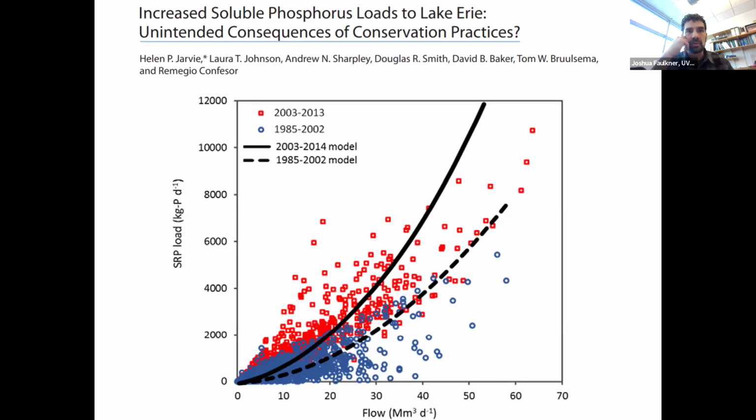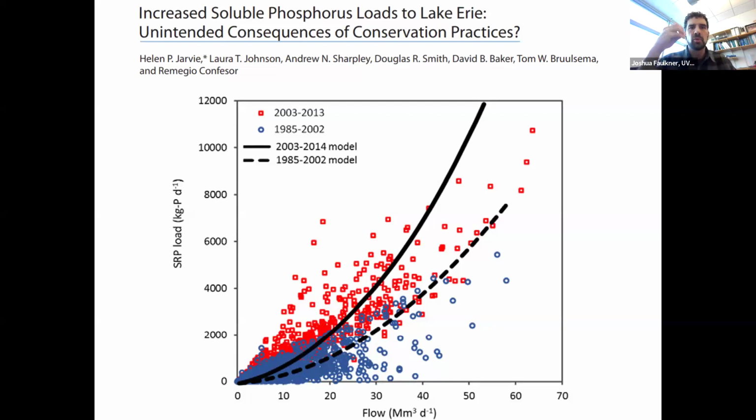And this figure is from the Jarvie paper, which was really the seminal paper that started to unpack the issue within the region. I don't think we're there yet in Vermont in any way, but I think it's really important to be aware of these unintended consequences that occurred in other areas of the country. I'll explain this a little bit more.